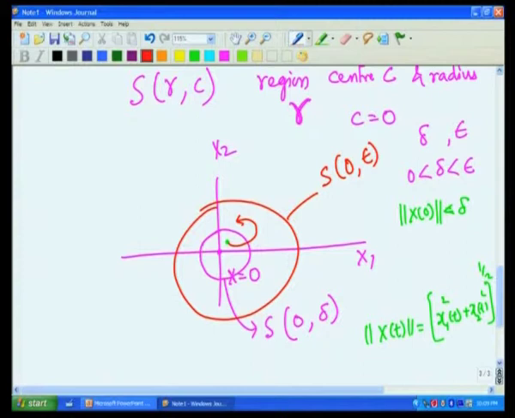Once again, the idea is simple. I want to know whether my x of 0 is stable or not.